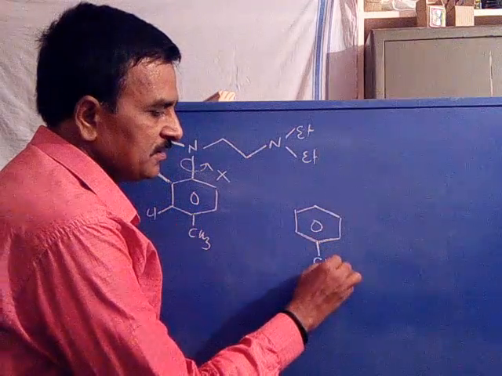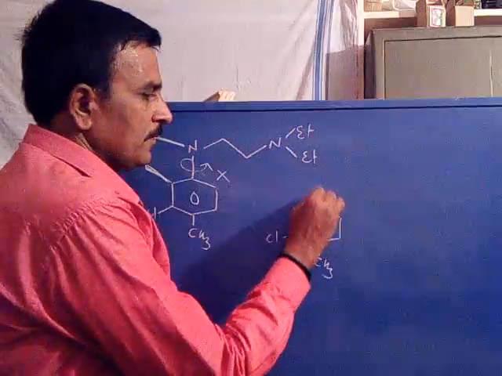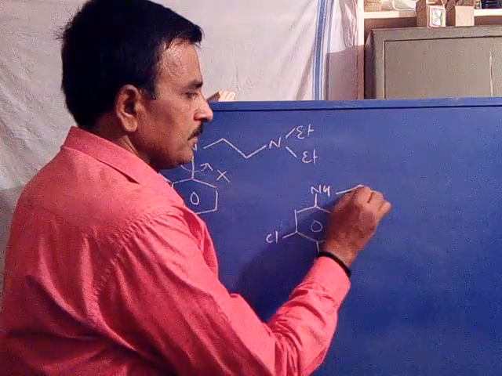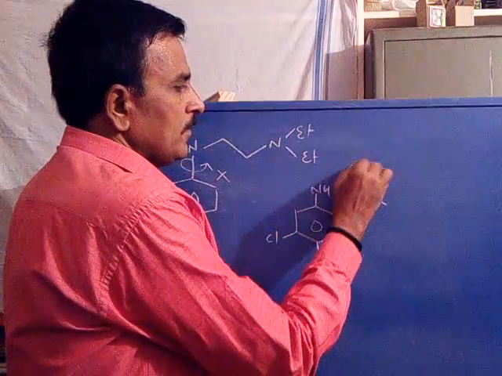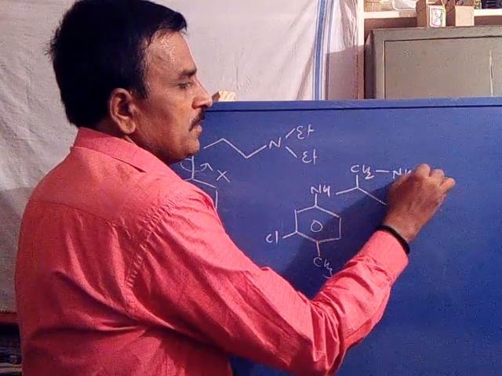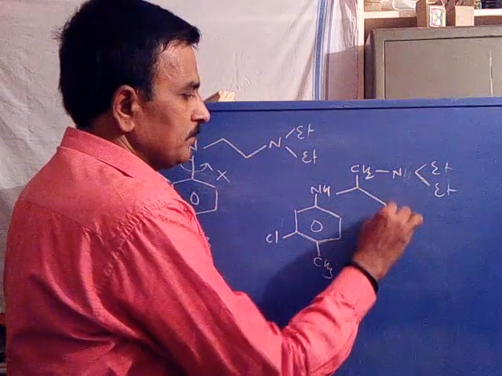Say this is CH3, this is the Cl group, NH group, CH2 group, N, ethyl.